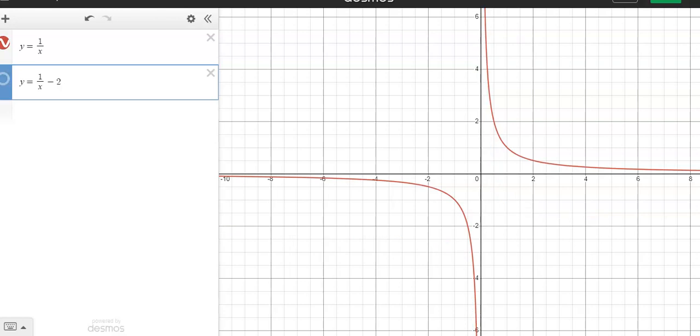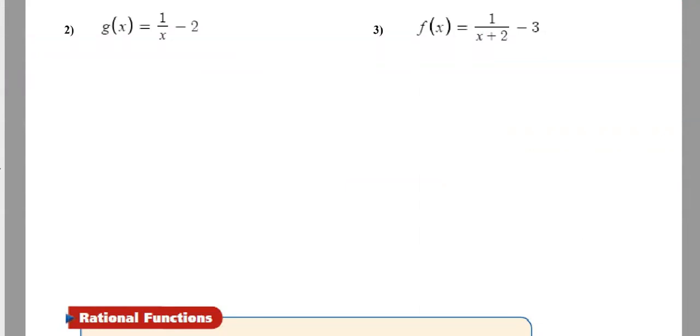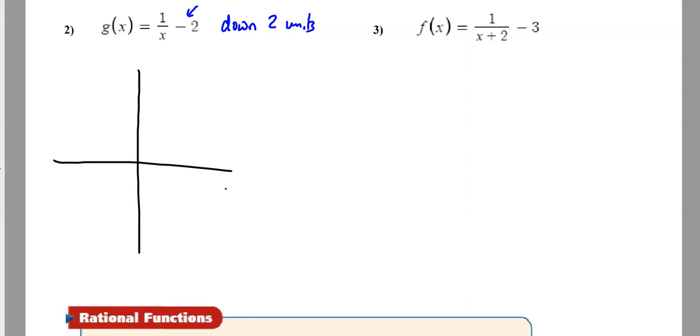So moral of the story is when you're doing a number at the back side, that backside number is going to control up or down. And it does what you think. So since it's -2, this one is going to shift down 2 units. In my mind, I know what the parent function looks like. I'm going to draw it really light here.